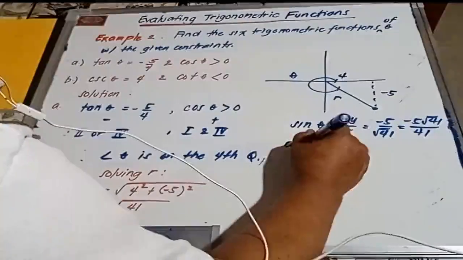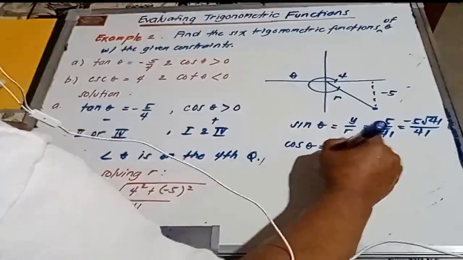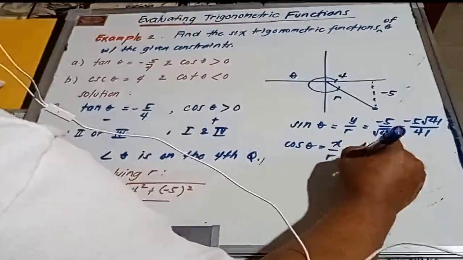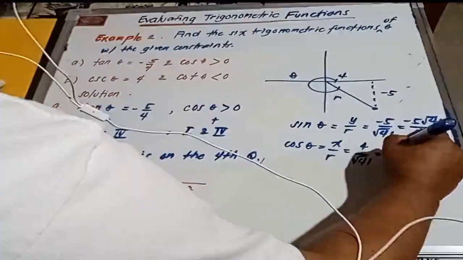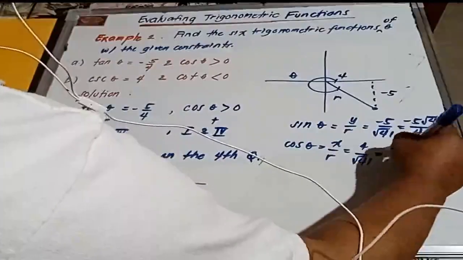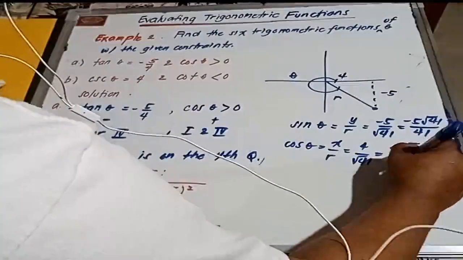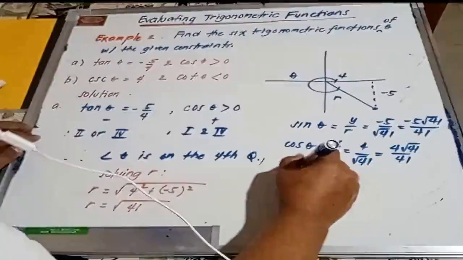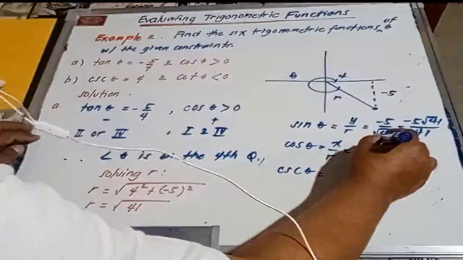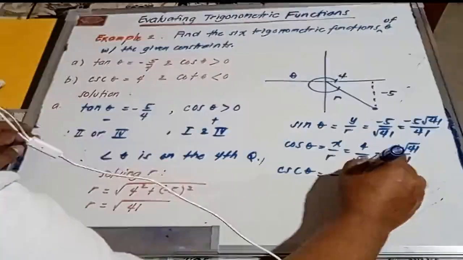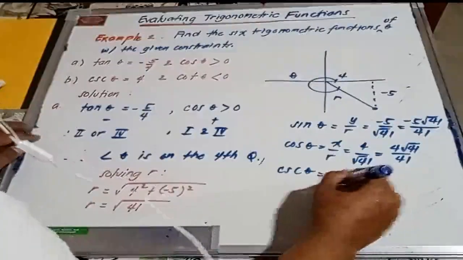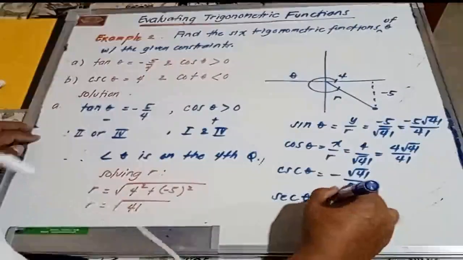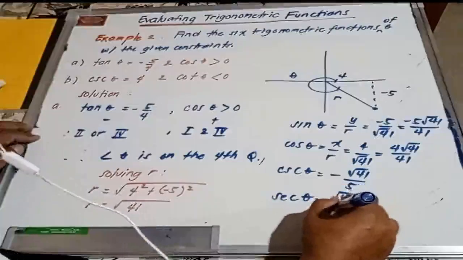Next is cosine theta, that is x over r, or 4 over square root of 41. Rationalizing the denominator, 4 square root of 41 over 41. Now, tangent is already given. Next is cosecant theta, kabaliktaran lang nito. So that is negative square root of 41 over 5. And then secant theta, kabaliktaran lang nito, square root of 41 over 4.